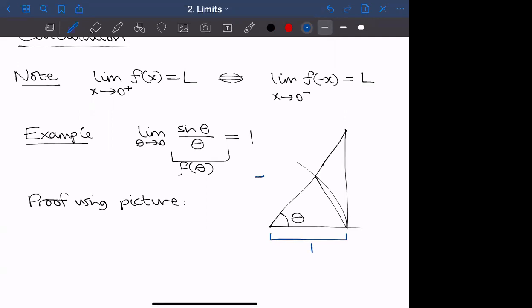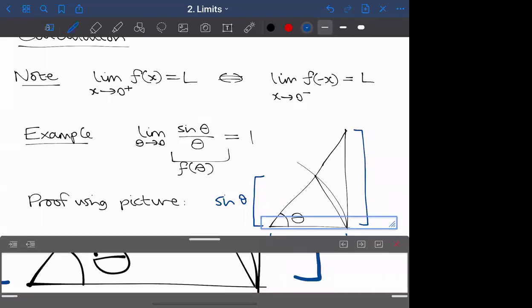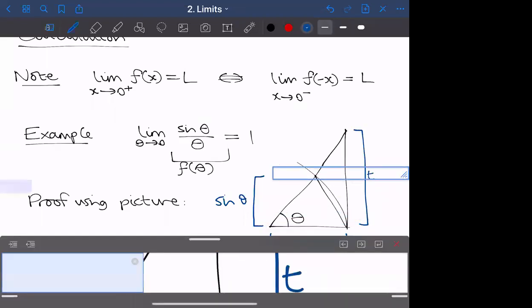In that case, by the definition of sine, the height of this triangle is sine theta, and the height of this triangle is tan theta.